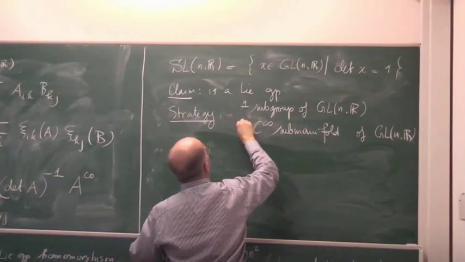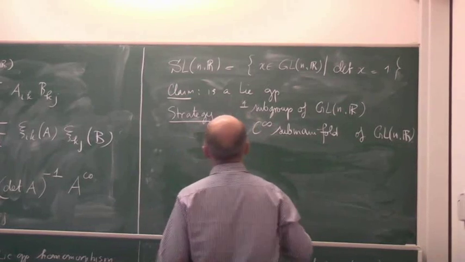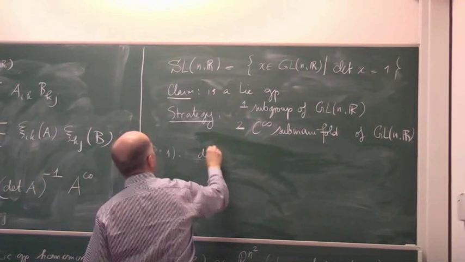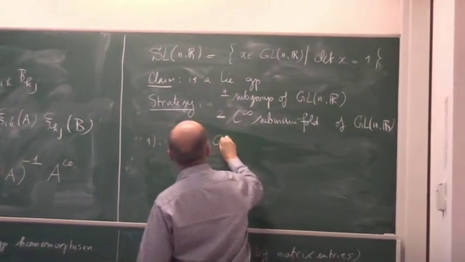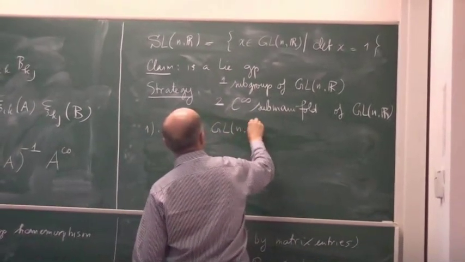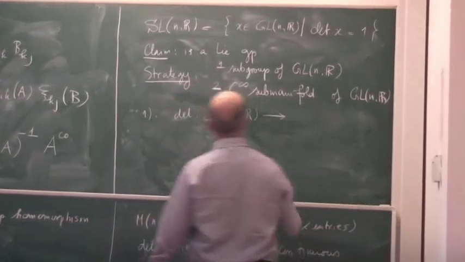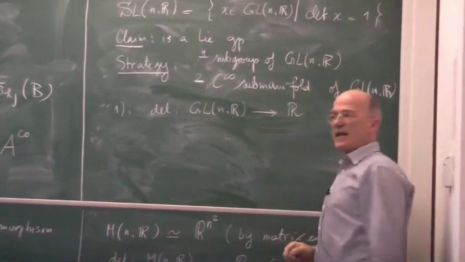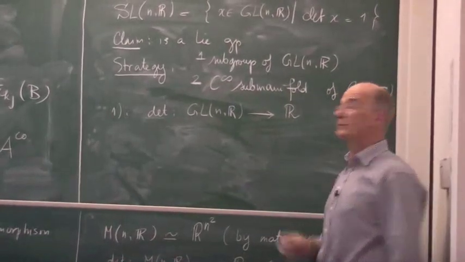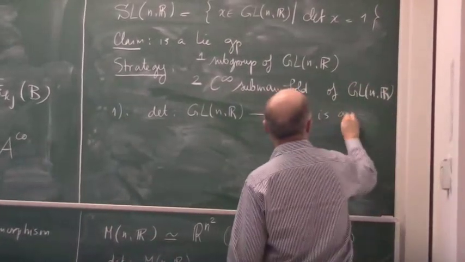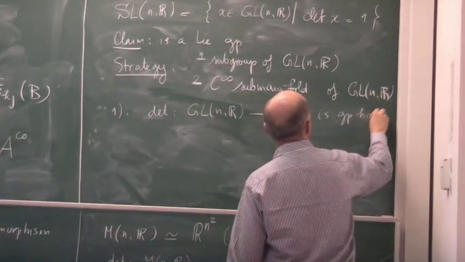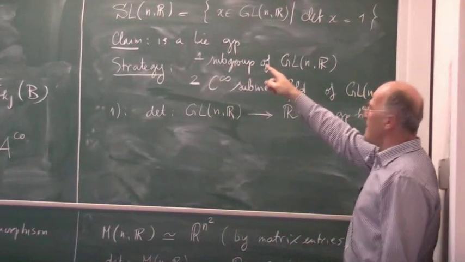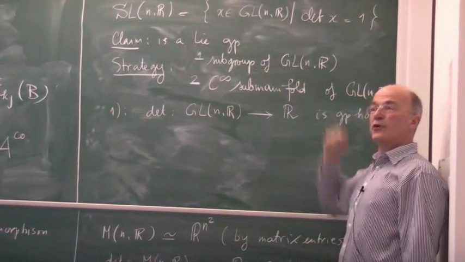One: the determinant map from GL(n,R) to R is a group homomorphism. And SL(n,R) is defined as the kernel.